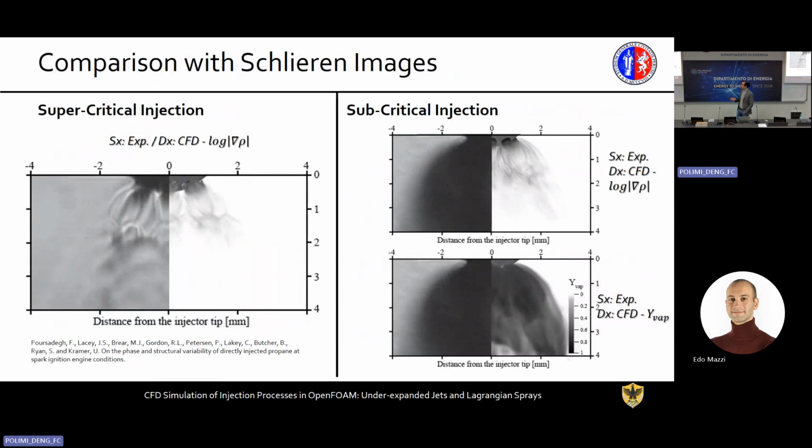And these are the results. We are capable of reproducing the under-expanded jets in this multi-phase flow. This is the supercritical injection. For the subcritical injection, there's an amount of liquid which covers the under-expanded jets. But as you can see, we can observe the spray collapse from this vapor plot.